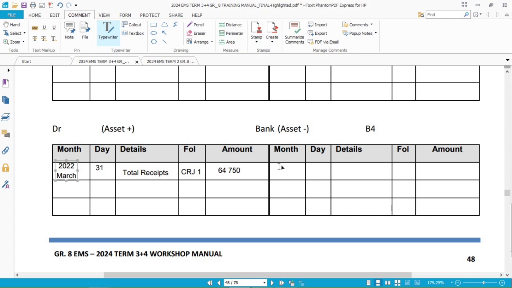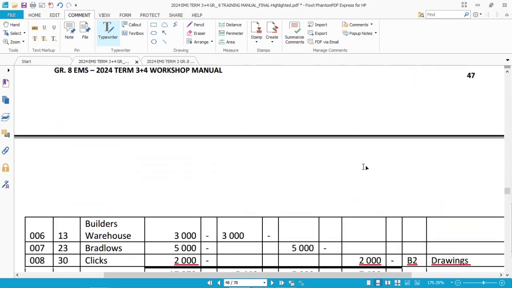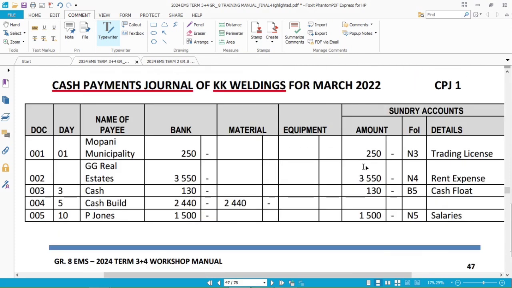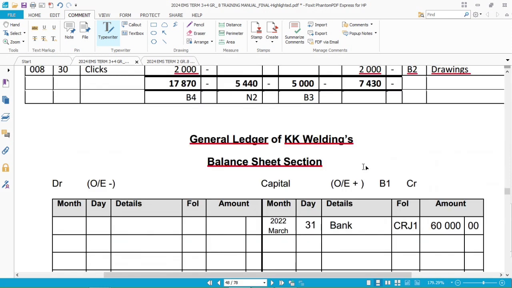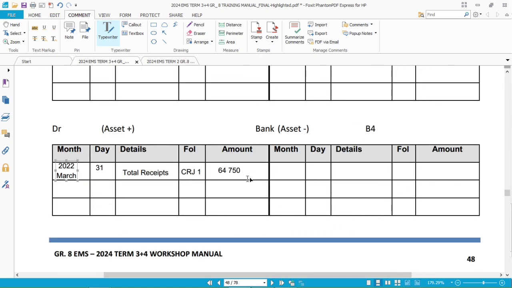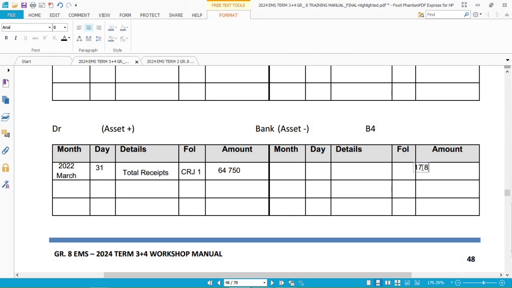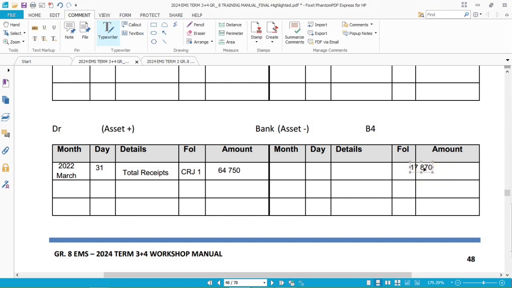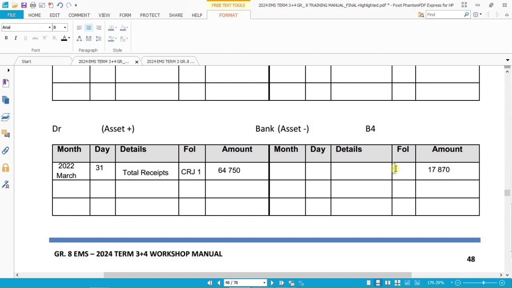Okay, so my bank decreases on the credit side too. I've got bank on my cash payments journal. My total amount on my cash payments journal is 17,870. Where am I getting this amount from? From my CPJ 1, my mistake.